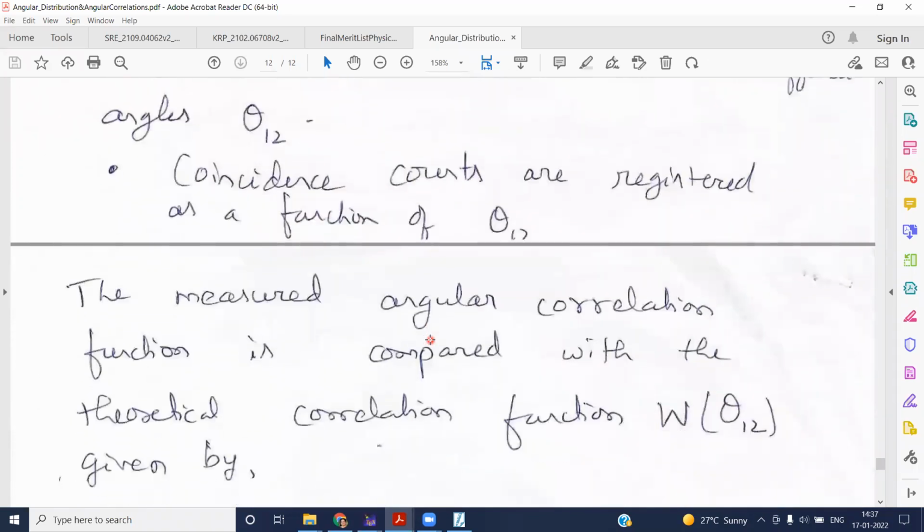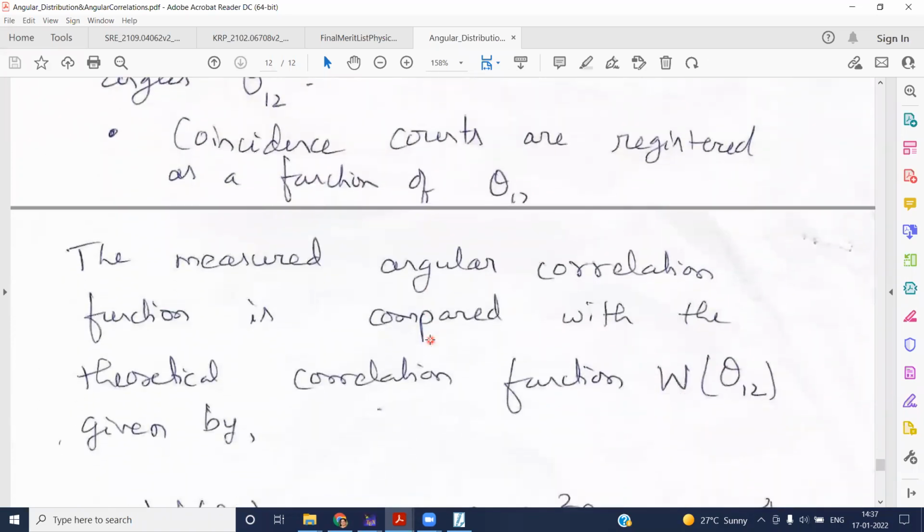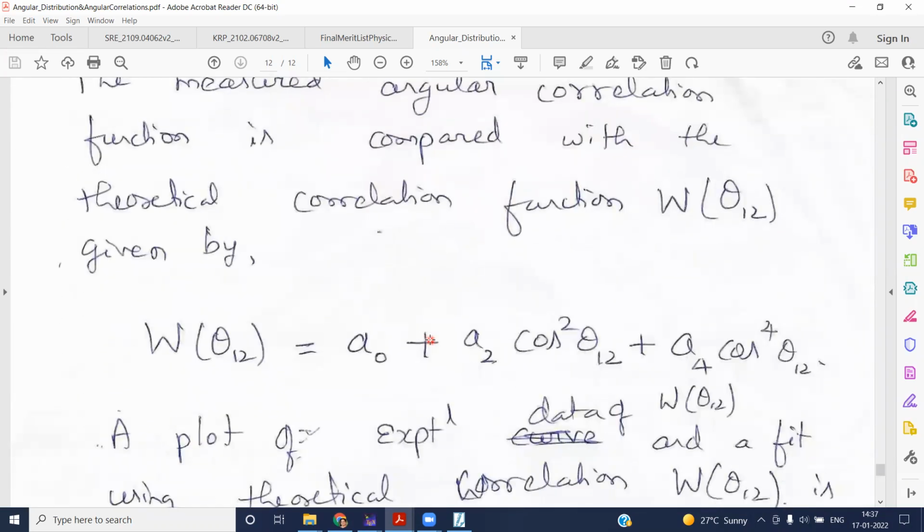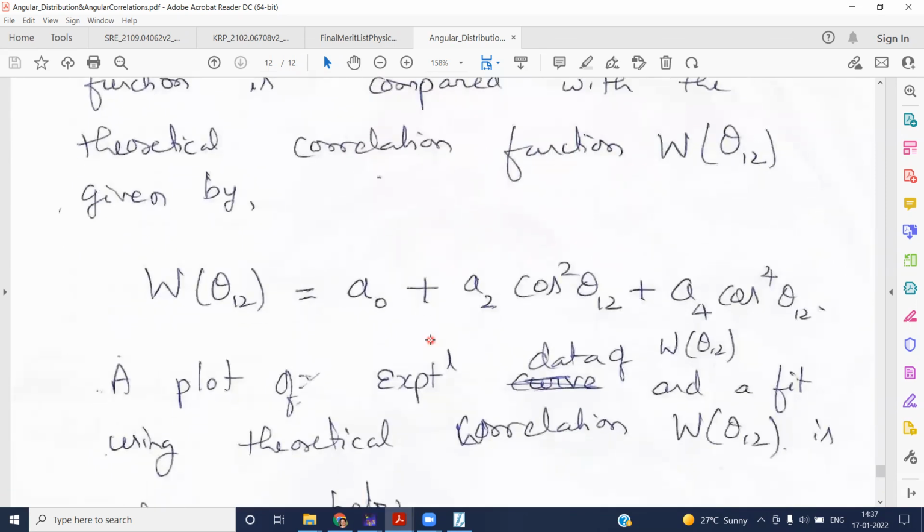The measured angular correlation function is then compared with the theoretical correlation function W12. For example, the cobalt 60 experiment gives you a W12, which is A0 plus A2 cos square theta 12 plus A4 cos to the power 4 theta 12. I don't know what these coefficients are, but theoretically you can calculate them.